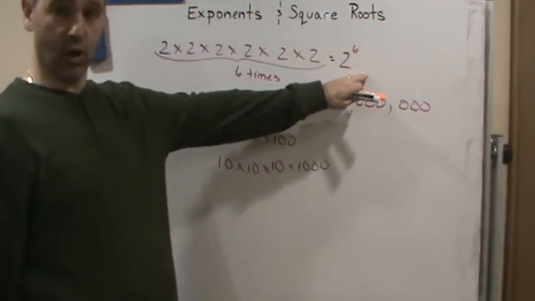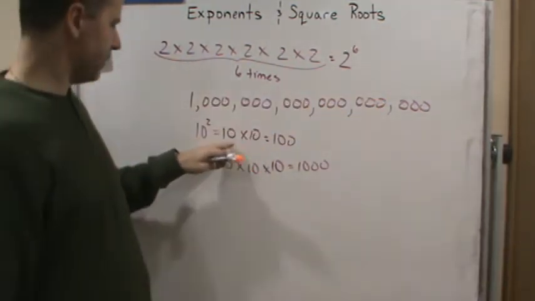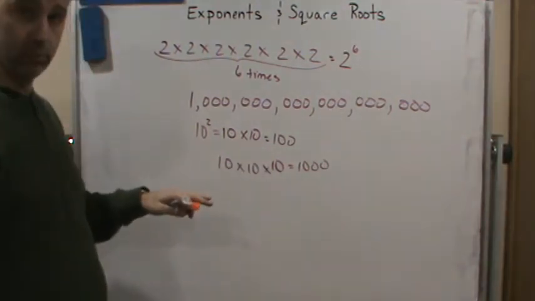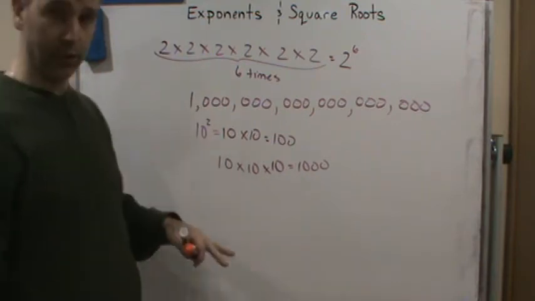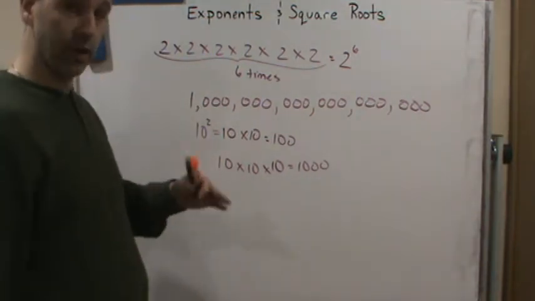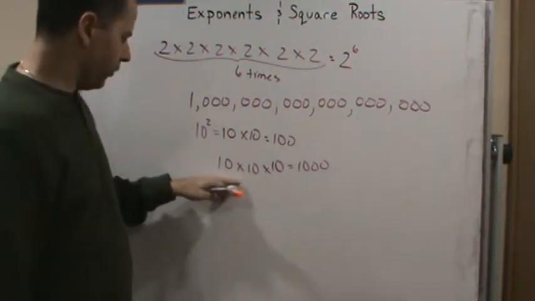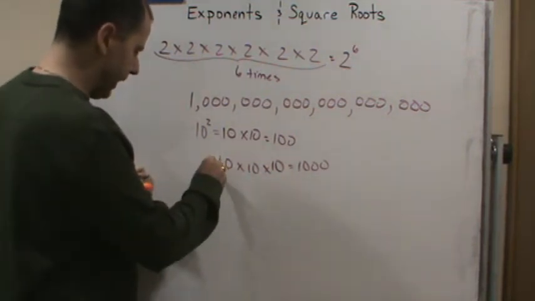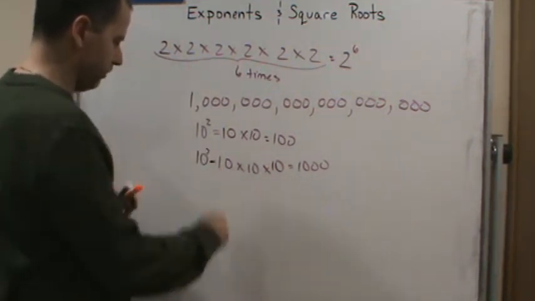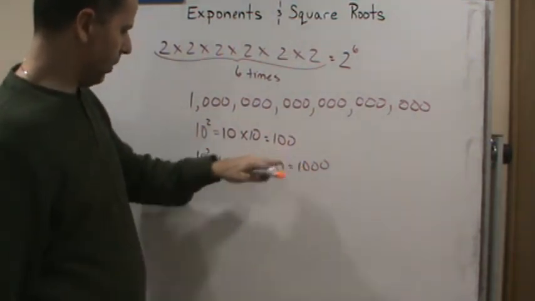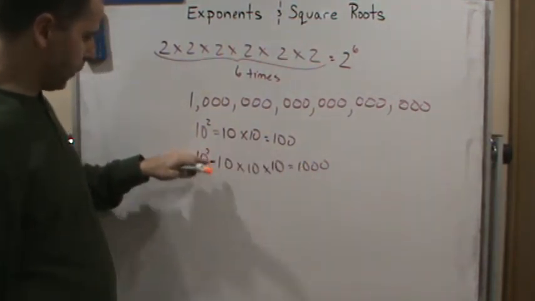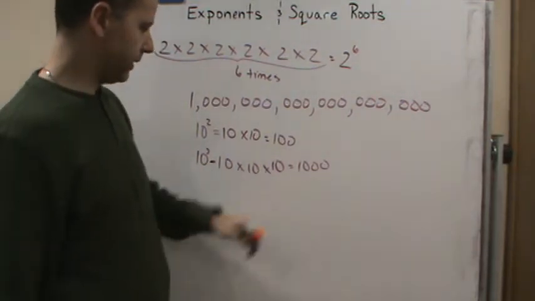And this is what this is called, exponential form. This is called expanded form. And of course, this is called standard form. You don't really need to know that, but it's just good to know these things. So this I can write as 10 to the third. 2 tens, 2 zeros. 3 as an exponent, 3 tens, 3 zeros.